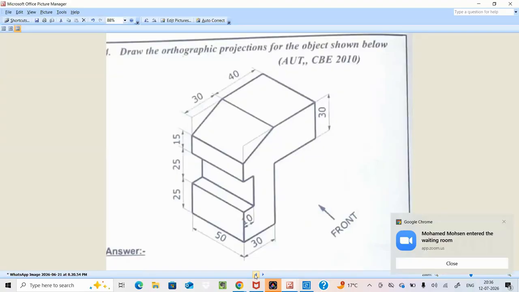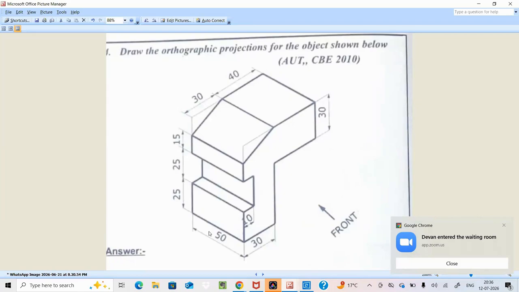Everyone is clear with this picture now? If you see the front view, initially you'll get this 30 mm. This 30 mm is visible, and the height of this one is 25 mm plus 25 mm, and 15 mm on this side, and 15 mm on this side. On the other side, you'll get 30 mm. So this will be visible in the front view.